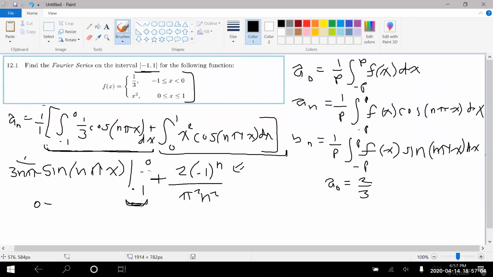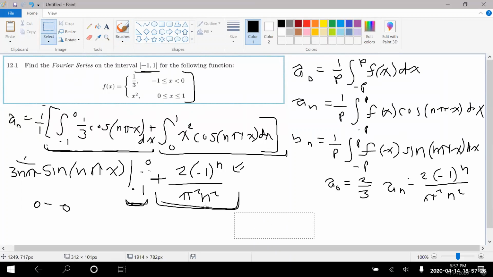But any multiple of pi in a sine function is always going to give you 0. So all we really have for our a sub n is right over here. So we have our a sub n equals 2 times -1 to the n over pi squared n squared. Okay, so we're one step closer, and we can go ahead and start on our b sub n.